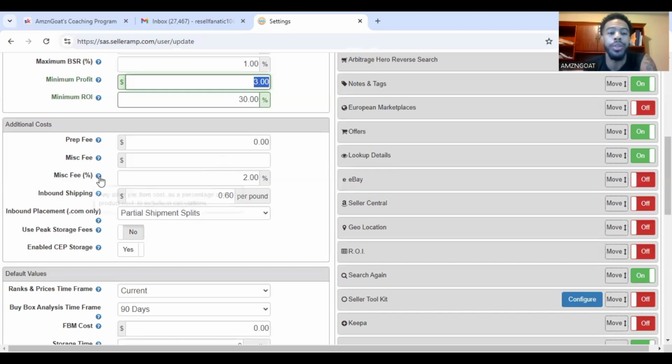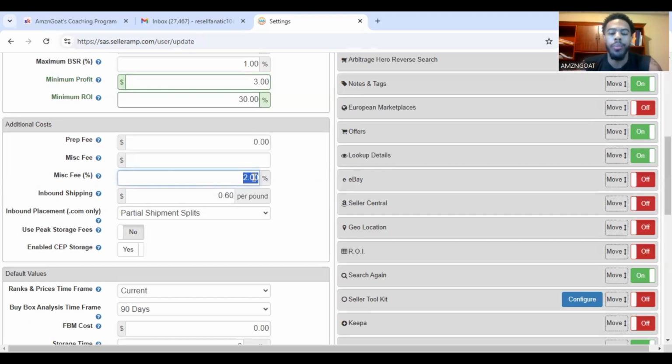The miscellaneous fee percentage is going to be super important. And I love how Seller Amp allows you to click on the little question mark. It's going to tell you what the fee and the fee percentage, whatever it is you're looking at, actually means. But this miscellaneous fee percentage is going to be based on where you're located, right? I'm in Atlanta, Georgia.